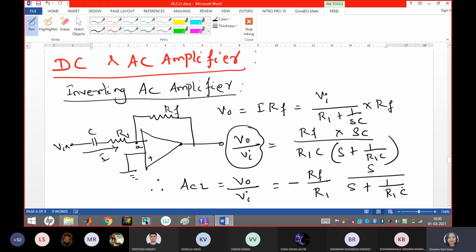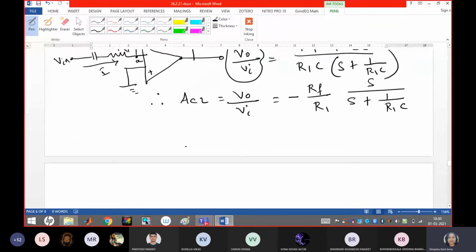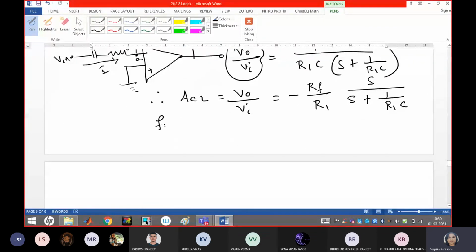Because this is an inverting amplifier, right? This I is there, minus of I into RF. So this negative term will continue till the end. So the lower 3 dB frequency is this one, FL equal to 1 by 2 pi R1C.